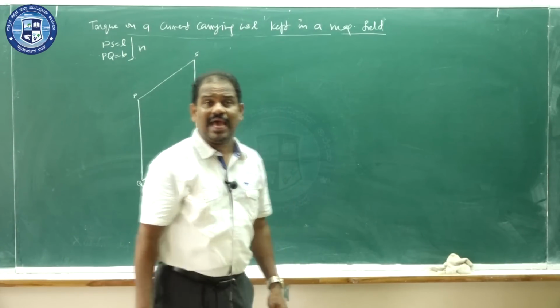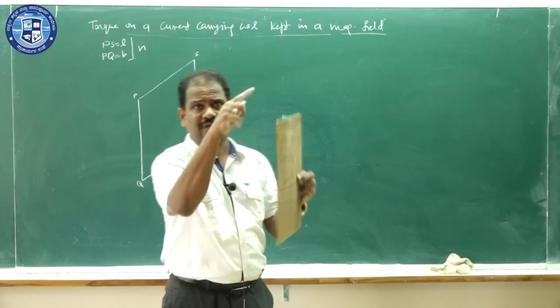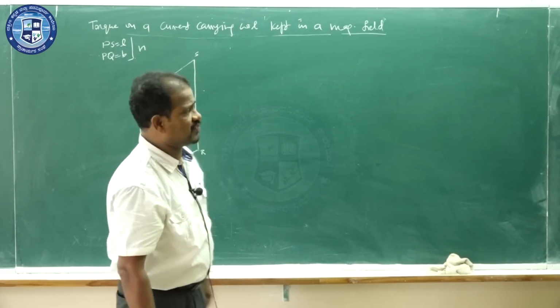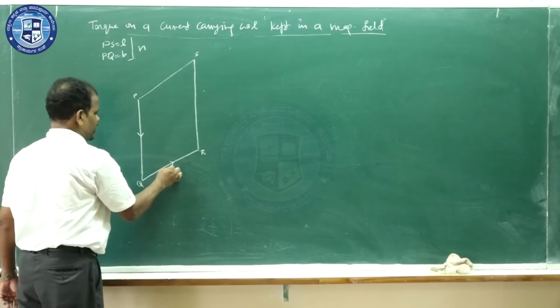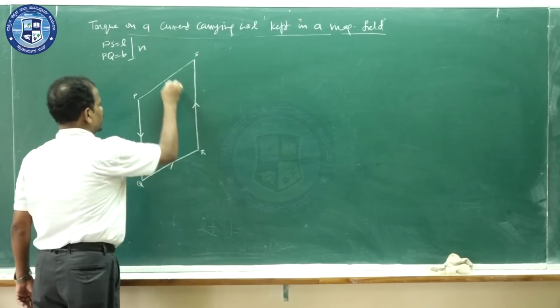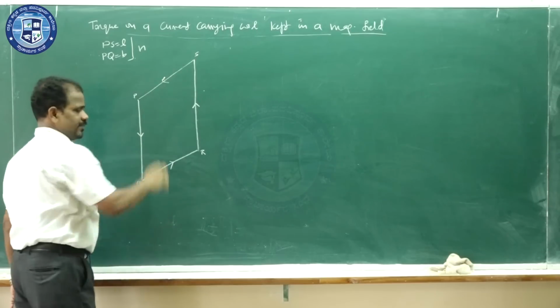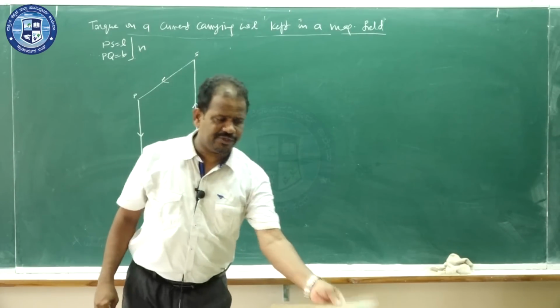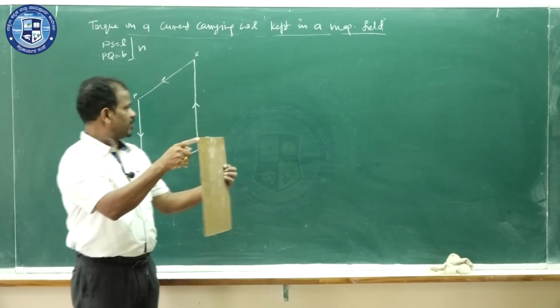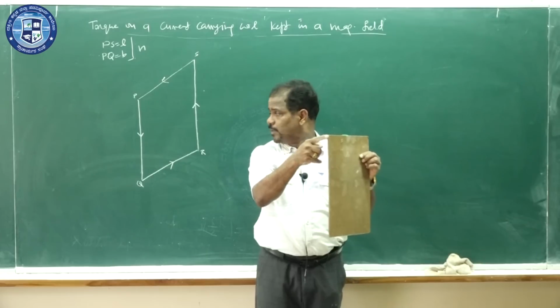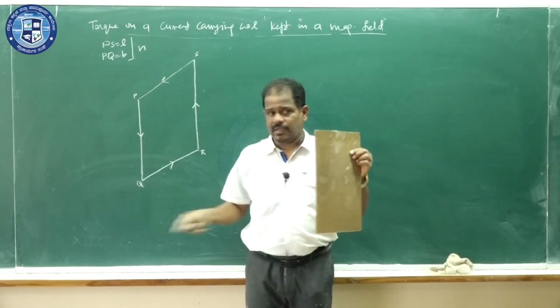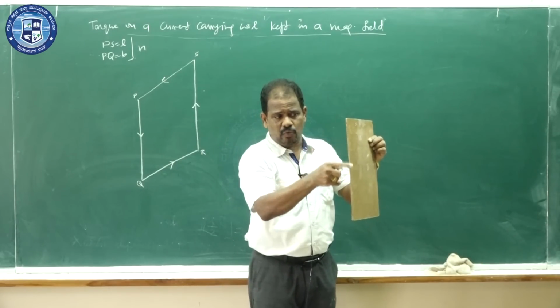And this coil carries a current. When this current is flowing, assume that the direction of the current is like this. This is the direction of current. If you take this part as PQ, see here in the picture, here the current is coming down.